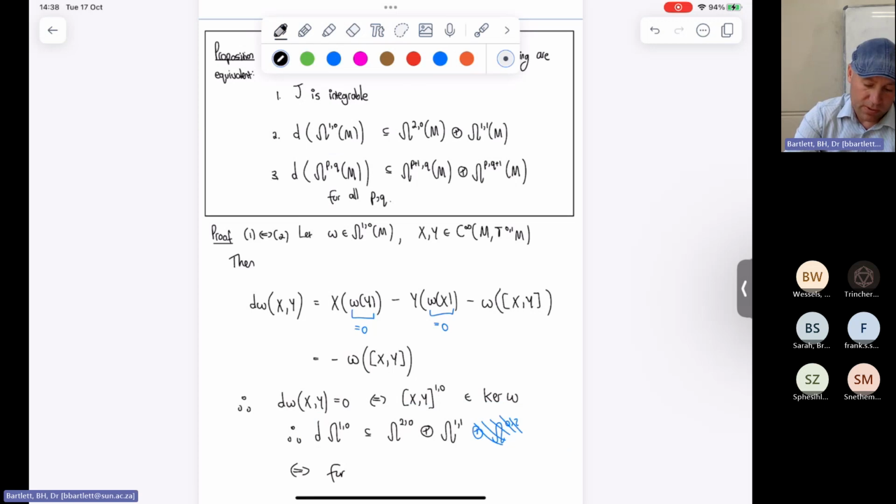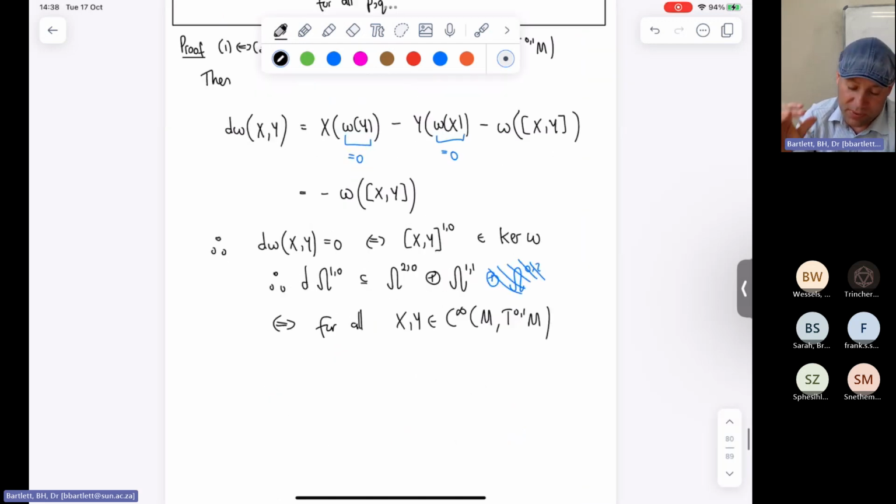for all x and y in smooth sections of the 0,1 vector fields, all x and y being 0,1 vector fields on M, we have that the commutator of x and y, its 1,0 component, is equal to 0.